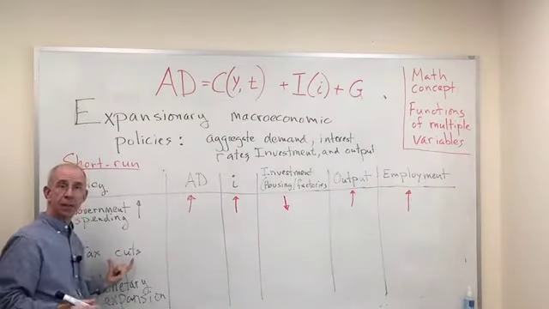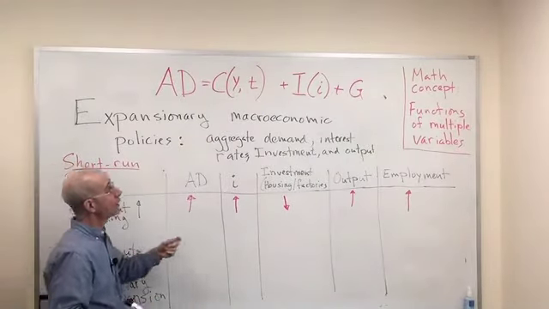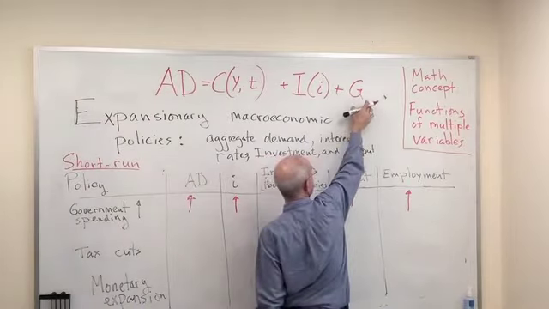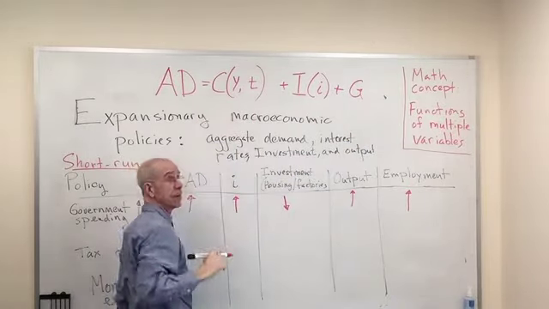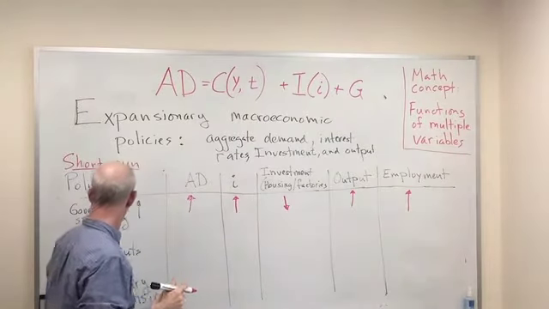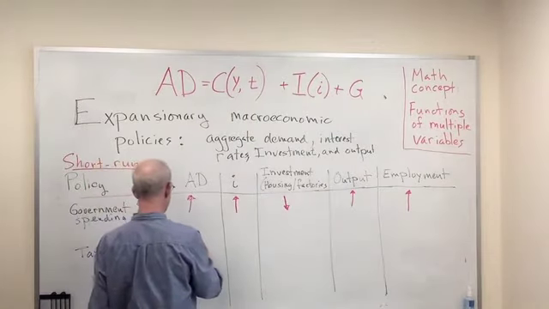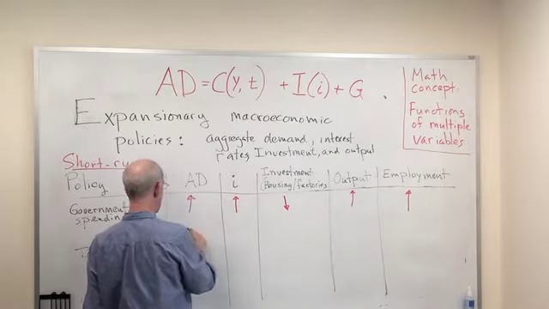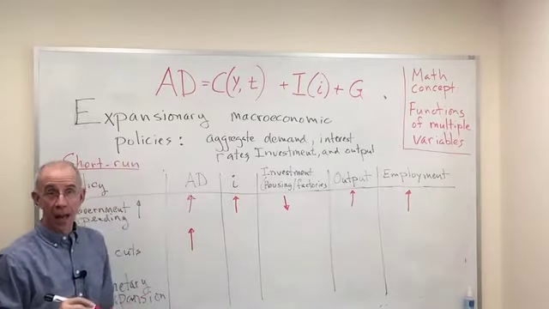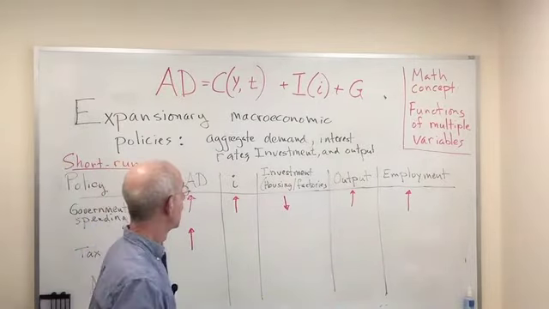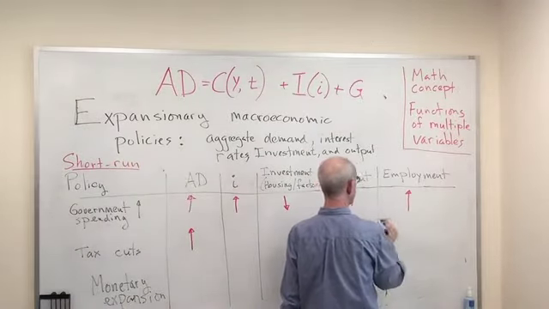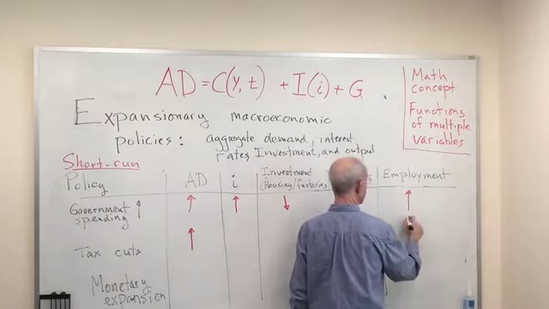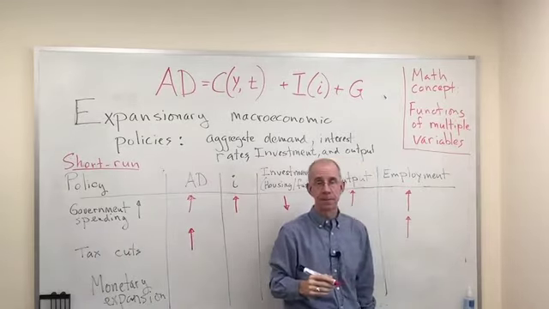A tax cut, rather than increasing government spending as we had here, is going to work through consumption decisions. Those tax cuts will increase aggregate demand. It will increase output. It will increase employment.